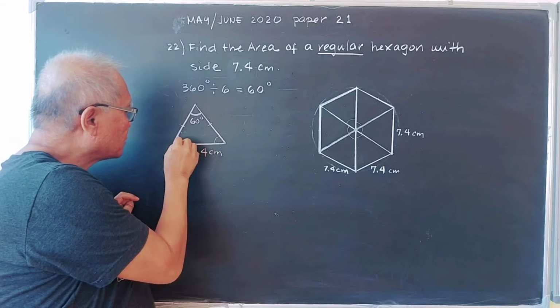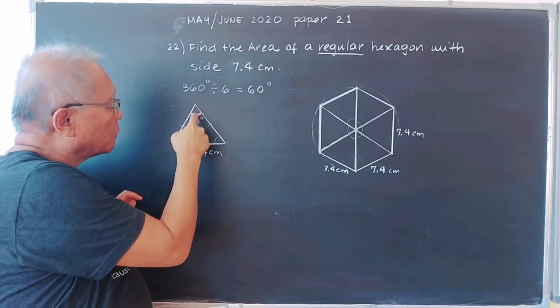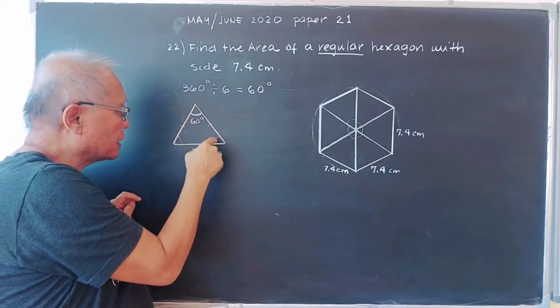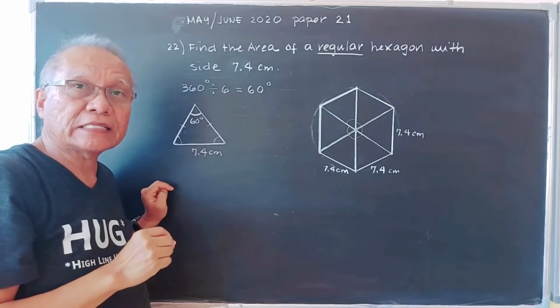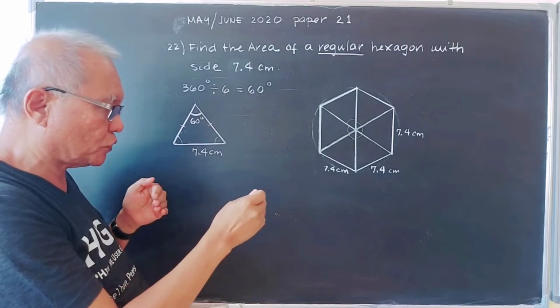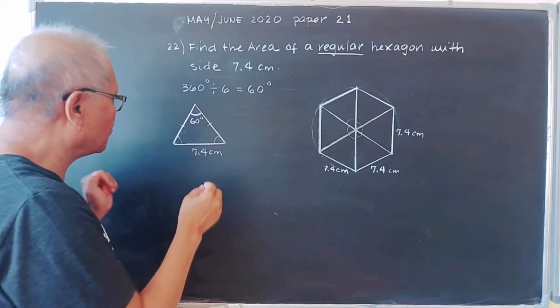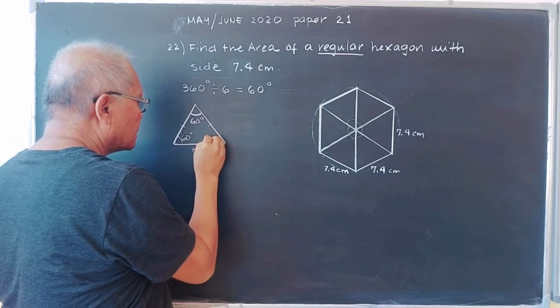So what is the measure of these base angles here? That is 180 degrees, because there's a total of these 3 angles here, minus the 60 is 120 degrees. Then we divide it into 2. So 120 divided by 2 is 60 degrees here and 60 degrees here.